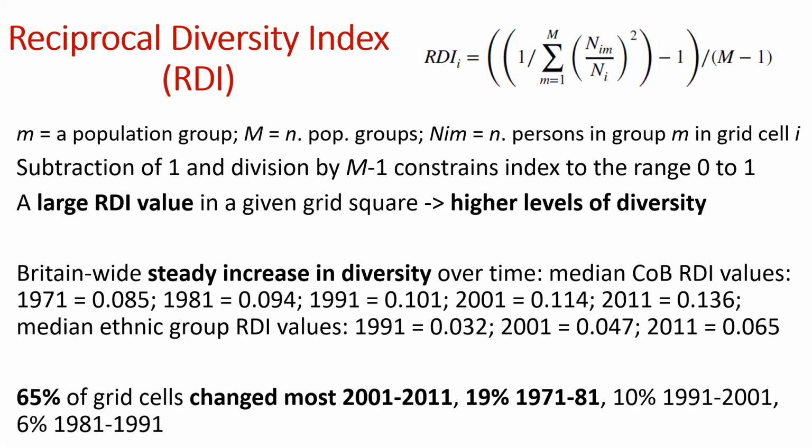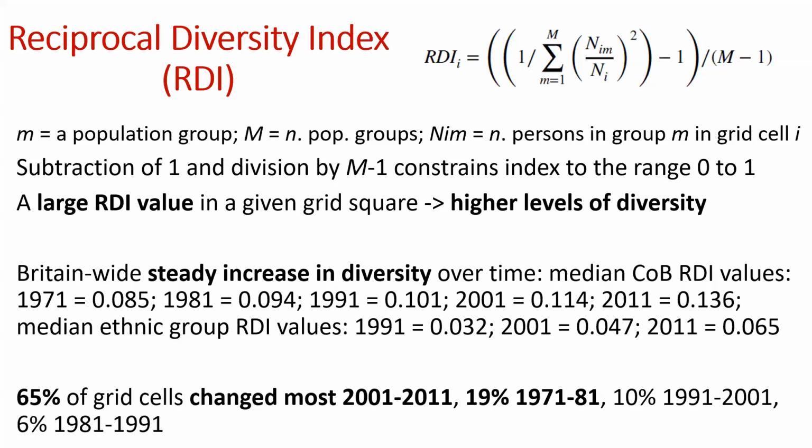What we had a look at was we tried to understand when the most dynamic period of change was. When was it that diversity changed the most, according to these grid cell analyses?